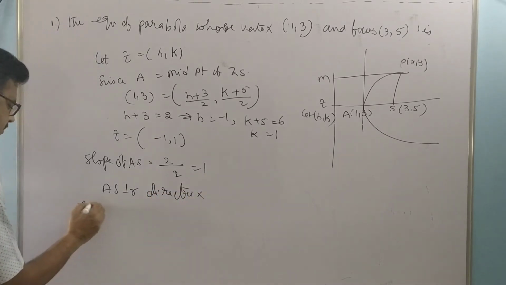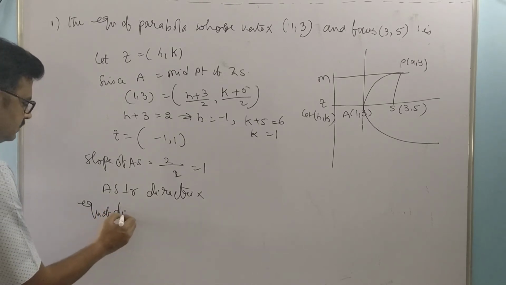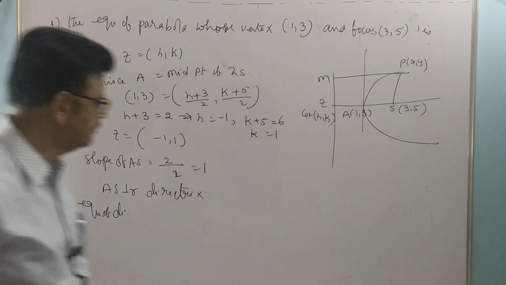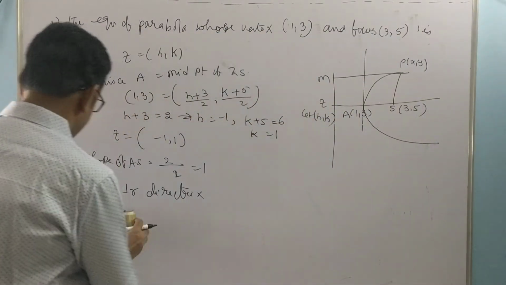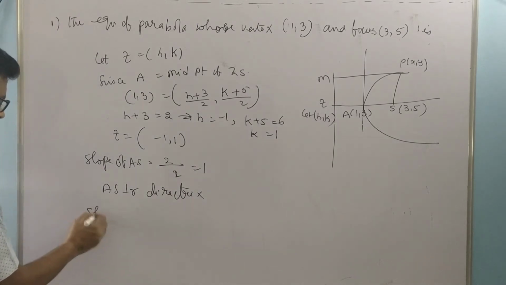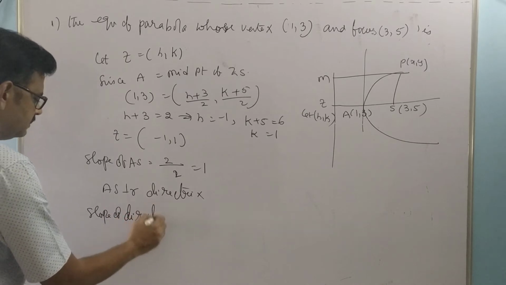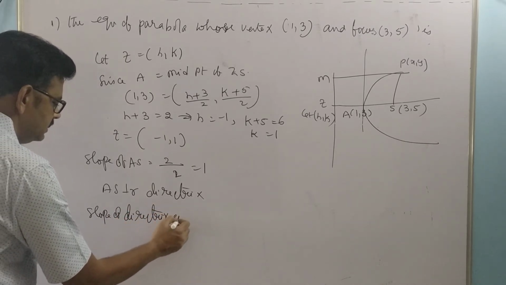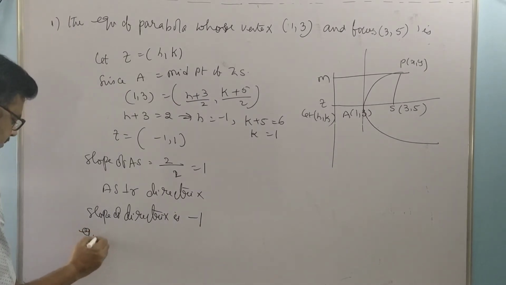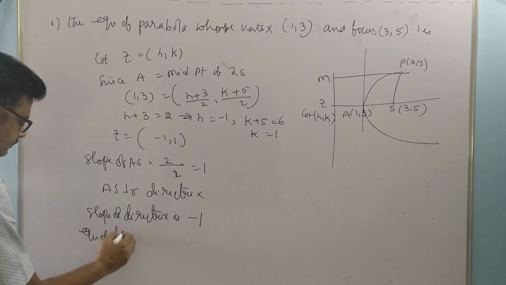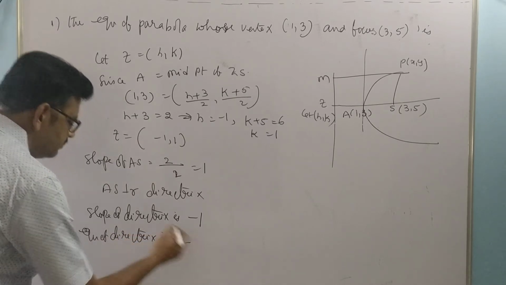Therefore equation of directrix. Slope of directrix is what? Minus 1. Therefore slope of directrix is minus 1. So the equation of directrix is y minus y1.